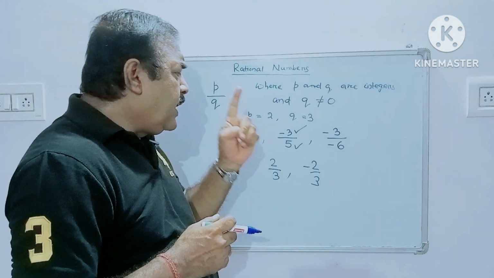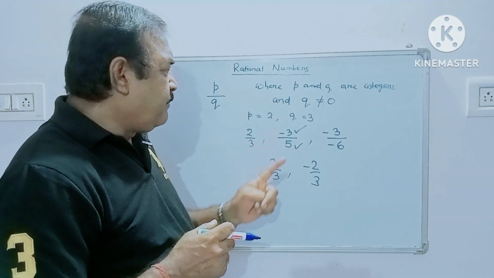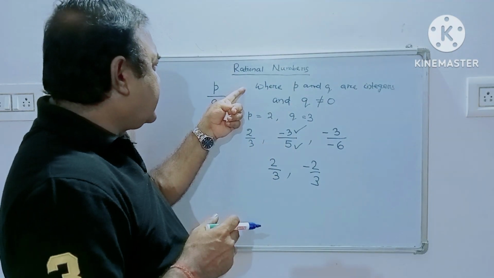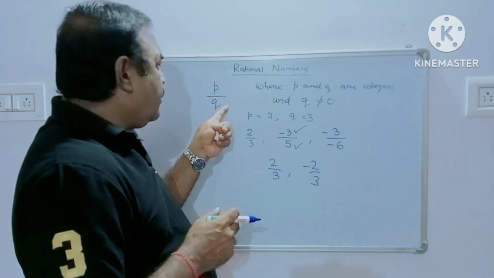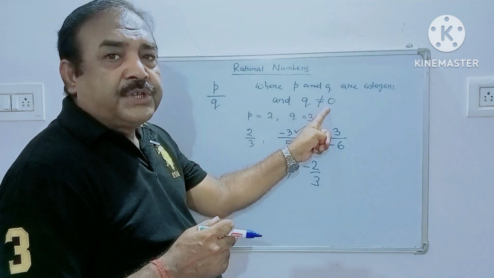But Q will not be equal to 0 because we have 0 in the whole number. In case of rational numbers, we are taking P and Q as integers and denominator is not equal to 0.